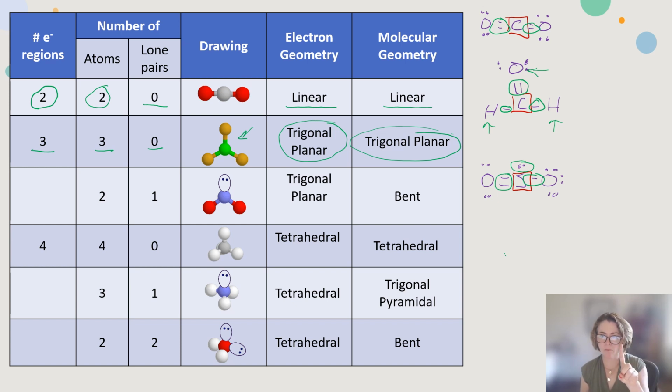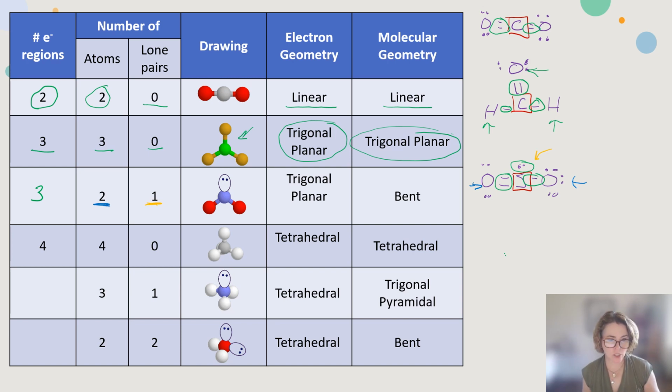So double bond, lone pair, single bond, going to give me 3 regions around that central atom. Now where it's going to be different is I have 2 atoms, right? I've got 2 oxygens connected to that sulfur, and I have a lone pair. So I have 2 atoms, those 2 oxygens, and I have a lone pair.